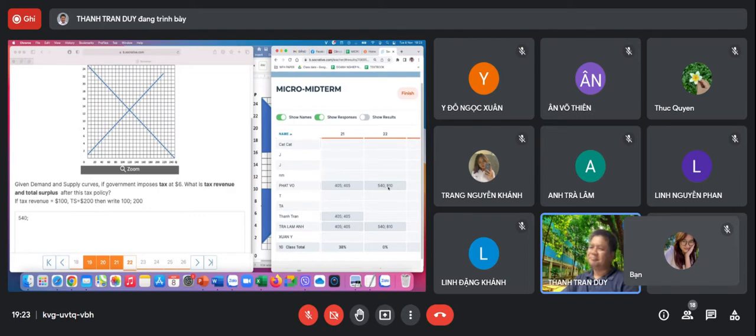Not correct. Both the answers, Telemann and Fatford, are not correct. Which one is correct? Can anyone give me the correct answer for this one? What is total surplus in this case?